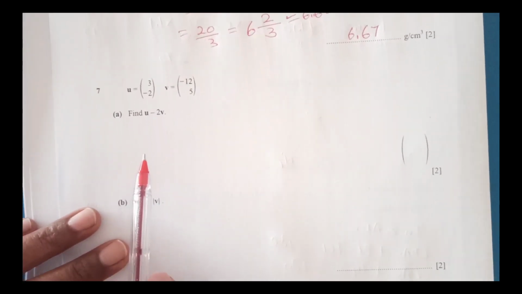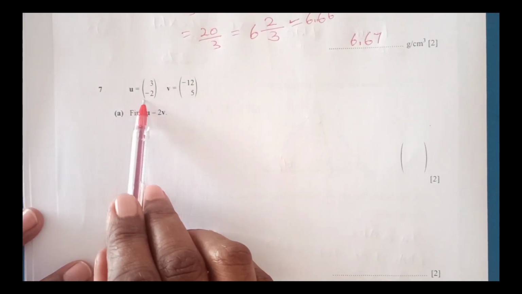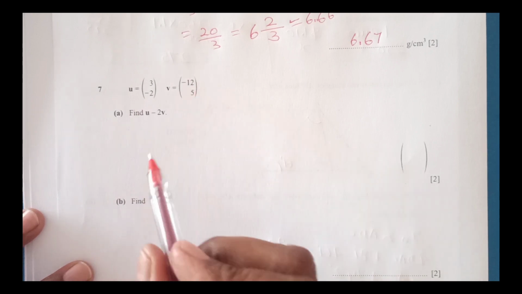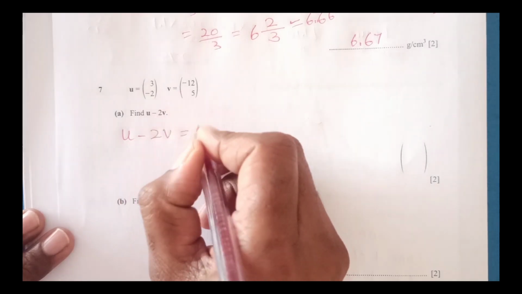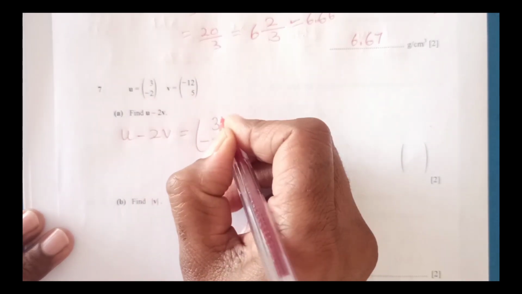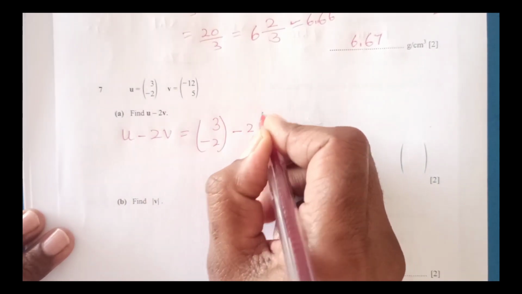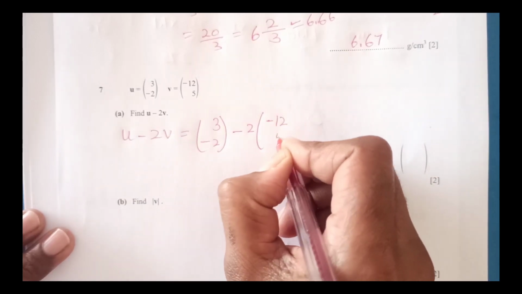Now next question, we have u is 3, minus 2 and v is negative 12, 5. We have u minus 2v. U is 3, minus 2 as it is, then we have v is negative 12 and 5.